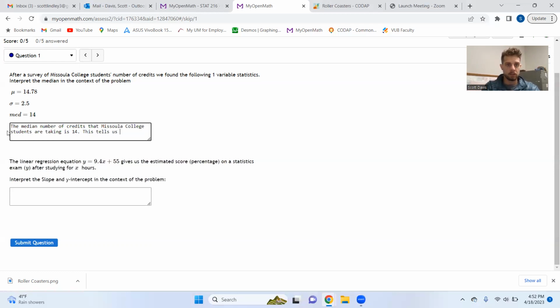This tells us that half of the student population is taking under 14 credits and half is taking over 14 credits. All right, we've now included everything about the context of the problem. We've got our units, credits here. It tells us half of our student population is taking under 14 credits, which is a lot more information than simply saying half our data is below this, half our data is above this.